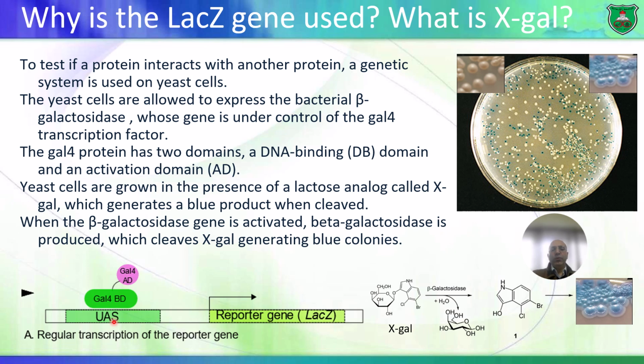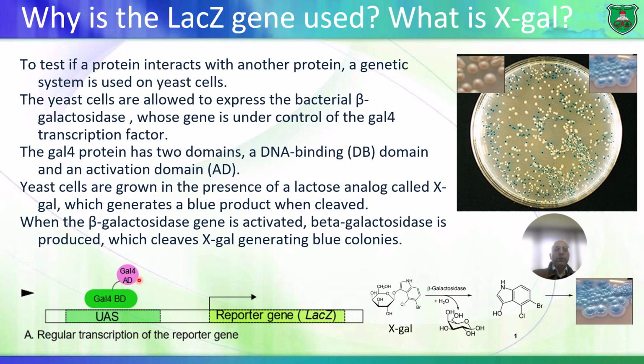This is like a promoter proximal element, you name it. It's the binding site of a transcription factor. This transcription factor is known as the GAL4. This GAL4 protein has two domains, a DNA binding domain and an activation domain.